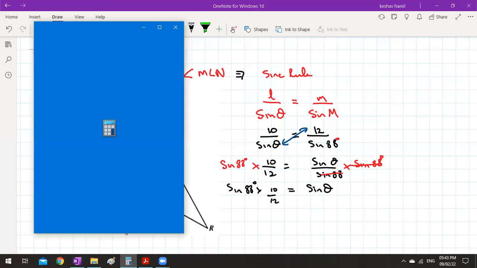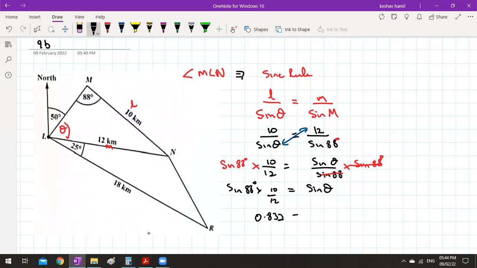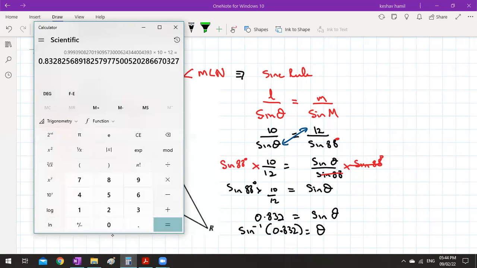Now, on my calculator, I have to press sine first. Sine, you get the value of sine 88, equals, then multiply by 10, then divide by 12, and we have 0.832 is equal to sine theta. Now we want to get theta, we want to drop the sine, so we use sine inverse of 0.832. So sine inverse, you have the second function.